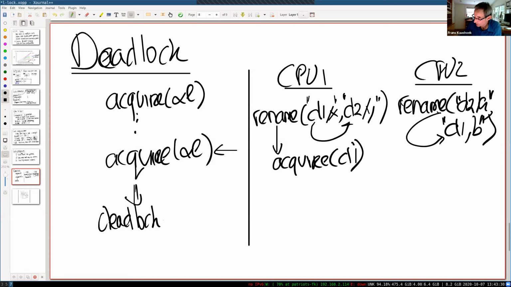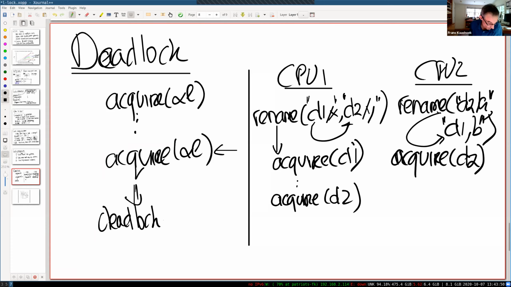At that point, the other CPU might acquire D2 first, because that is its first argument. Now, of course, CPU 1 wants to acquire D2, so it will try to acquire D2. Will it succeed? It won't, because the other CPU actually has the lock, so it will stop here and not proceed.